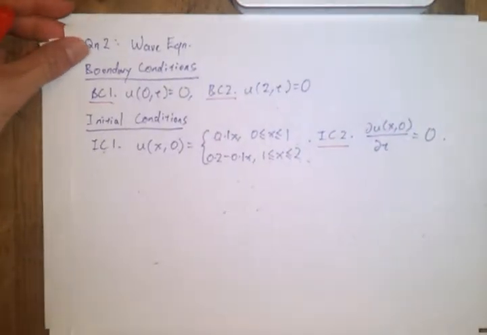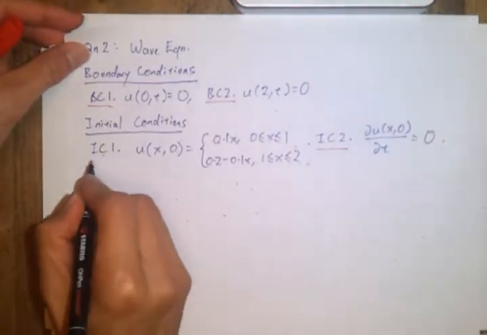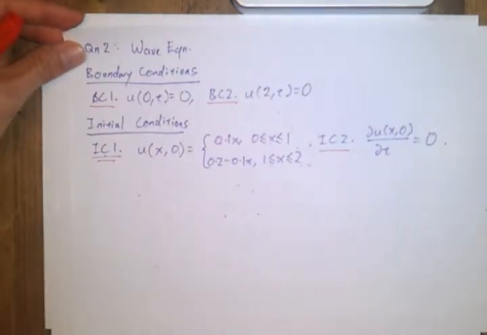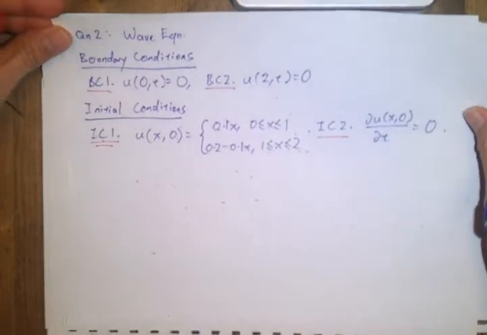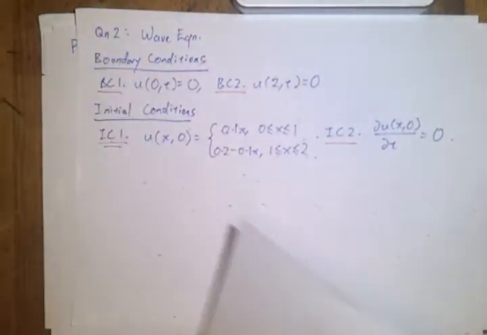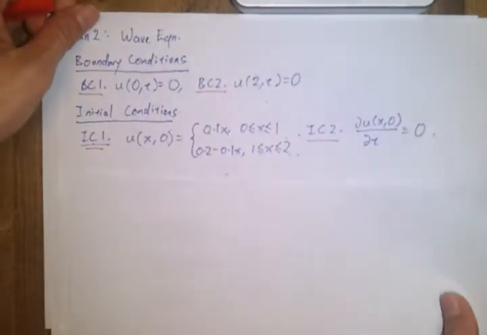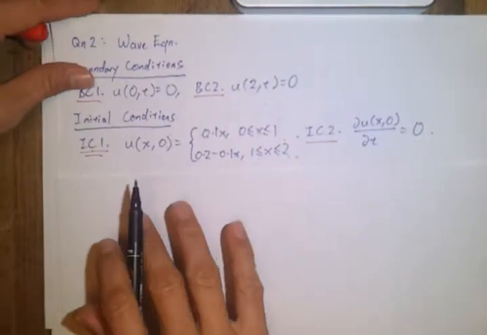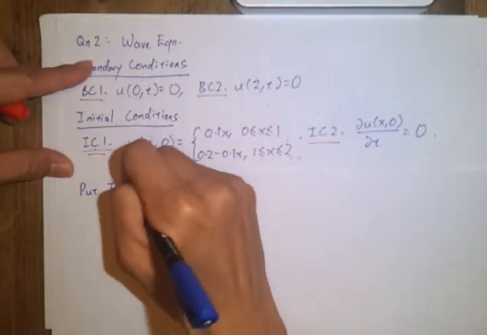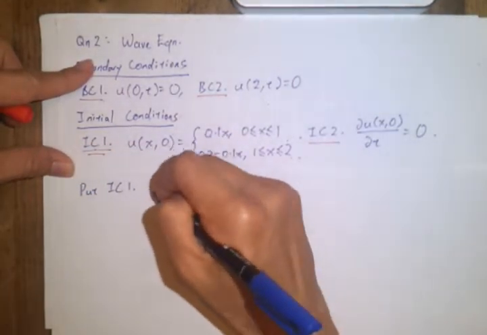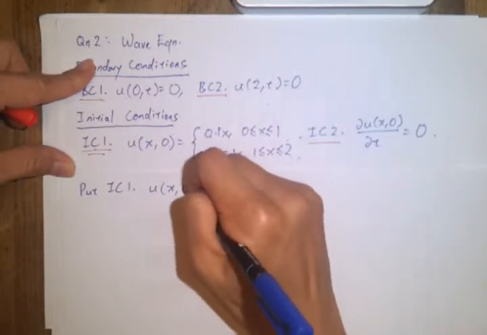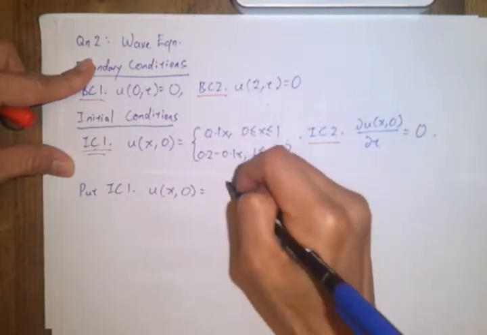and that is your initial condition 1. Now this one will give you what C R prime is. So as usual, I'm going to put initial condition 1, which tells me that u at t equals 0 equals some function.